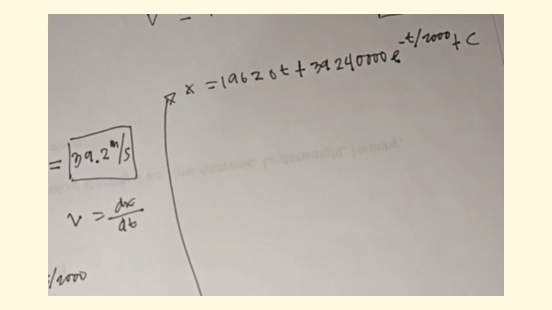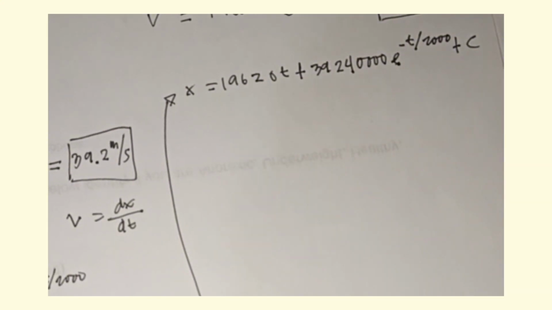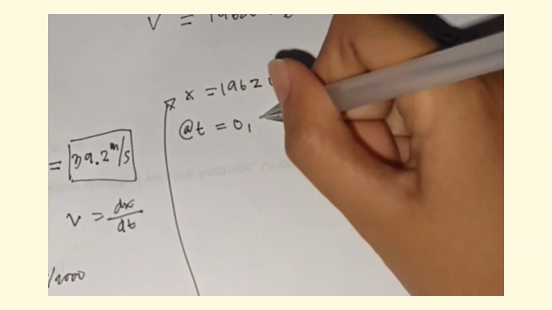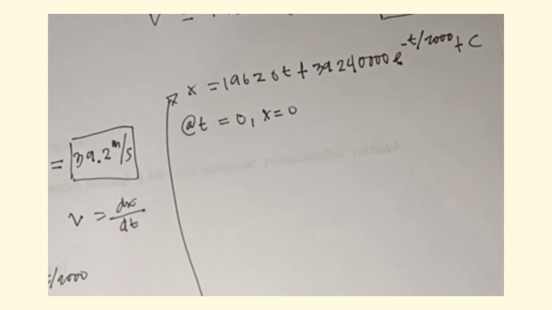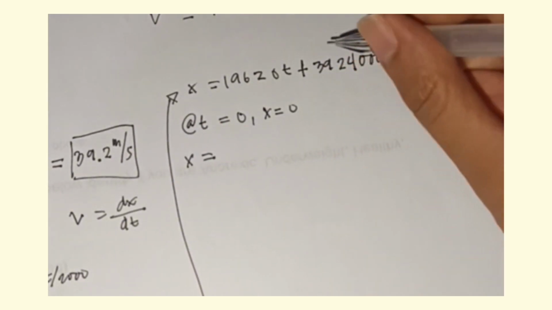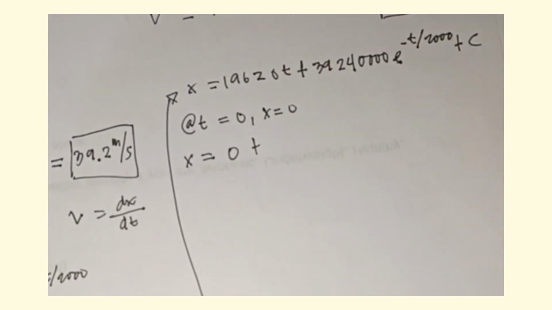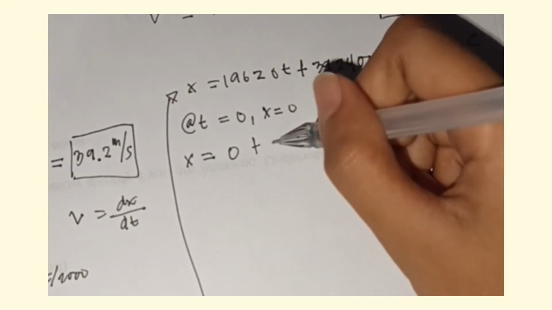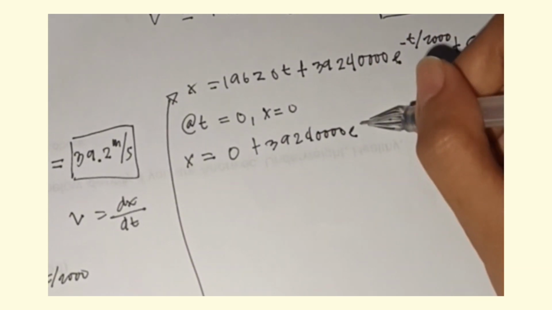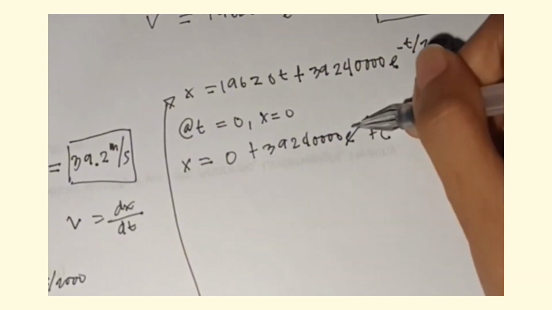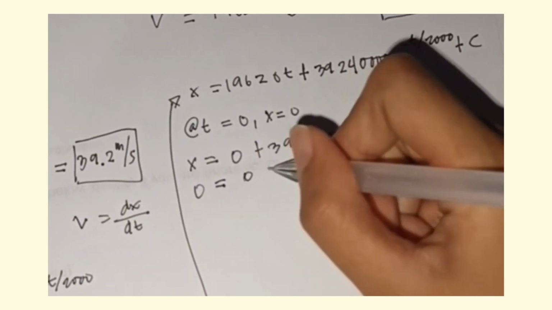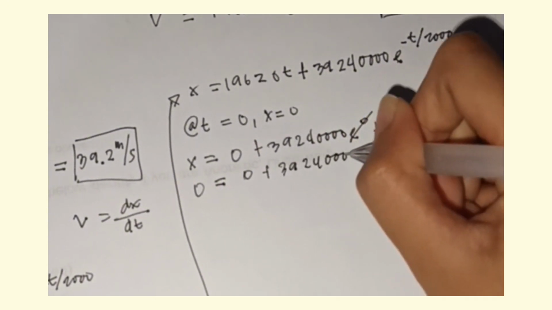So we need to find again the value of c. At time equals 0, the distance traveled by the ball is equal to 0. Applying this in our equation, 19620 times 0 becomes 0, plus 39,240,000 e raised to 0 plus c, and the value of x is also 0.